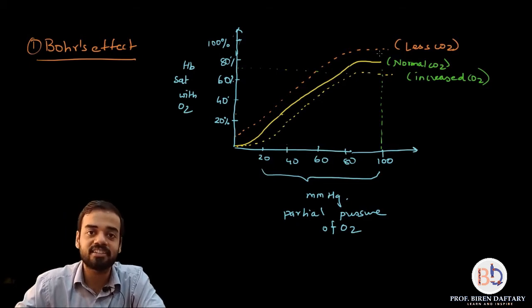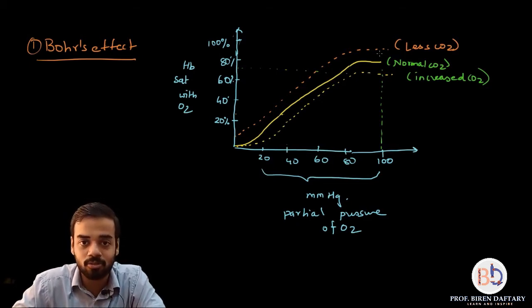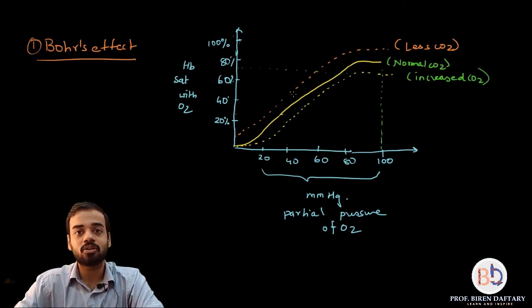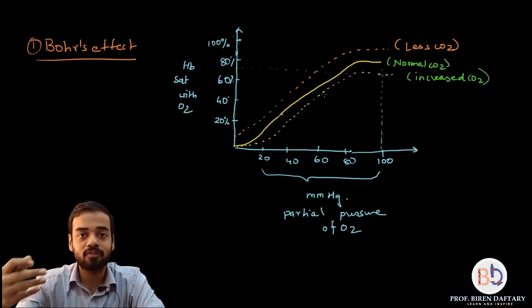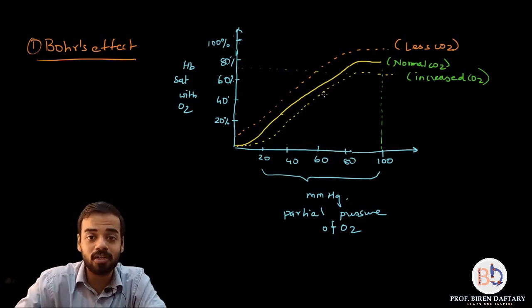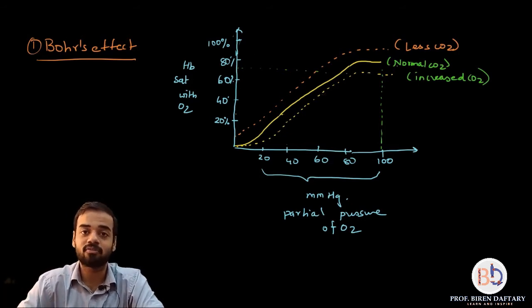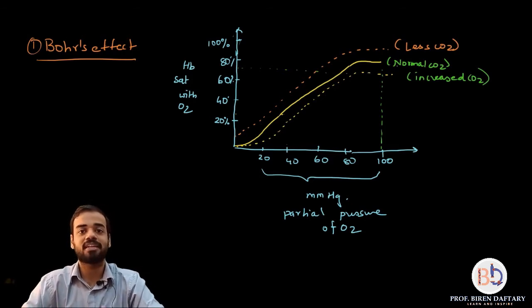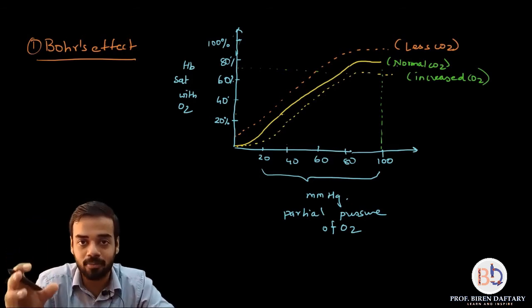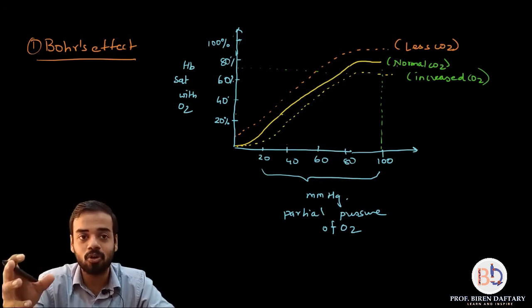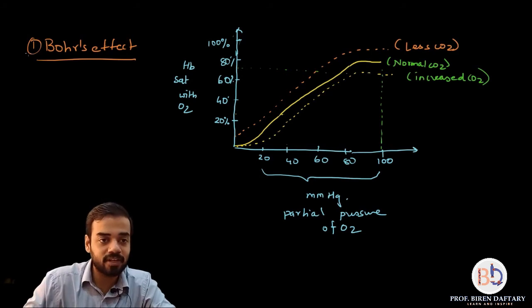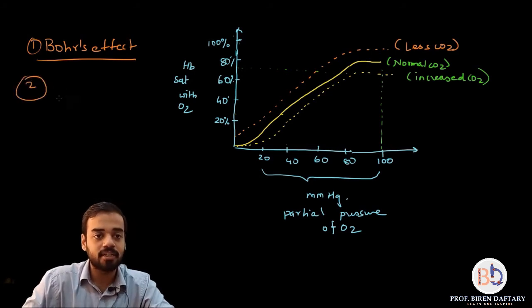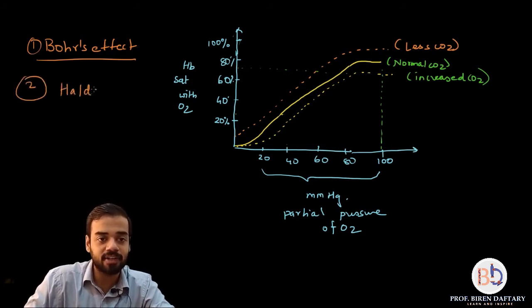If there is less partial pressure of carbon dioxide than normal, then the curve will shift towards the left, and if the partial pressure of carbon dioxide is more than normal, then the curve will shift towards the right, and that is what is called Bohr's effect. So Bohr's effect explains how the partial pressure of carbon dioxide plays a role on this oxygen dissociation curve. The next effect that we have to study is called the Haldane effect.